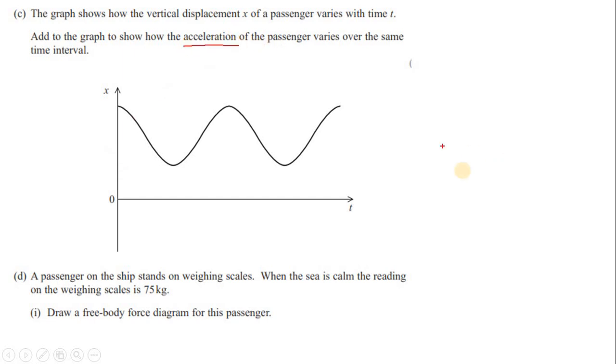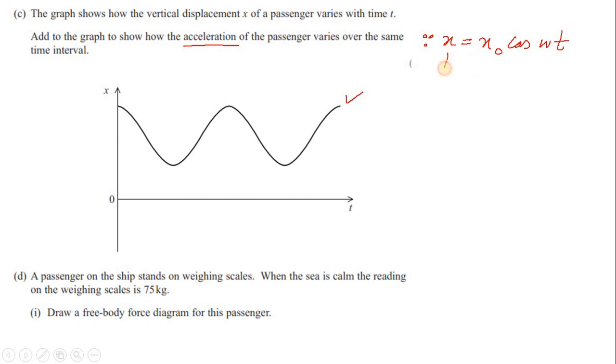an acceleration graph. If you see, the position-time graph obeys the cosine law, and you know that x is equal to x naught cos omega t. This is the relation between position and time, and that's why we have this graph.